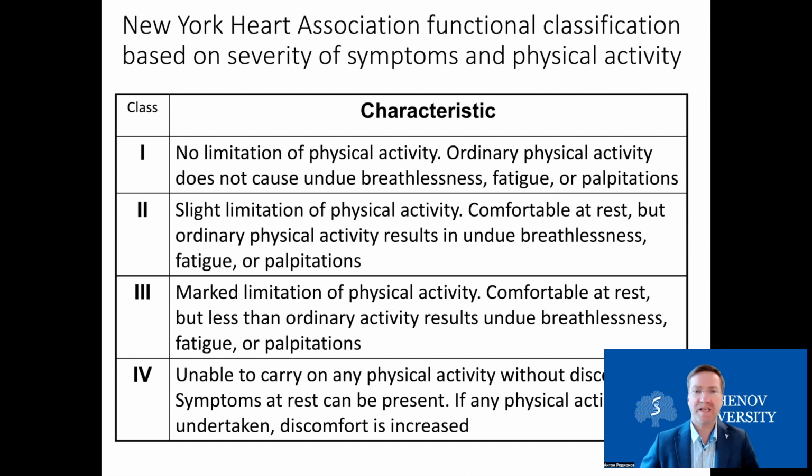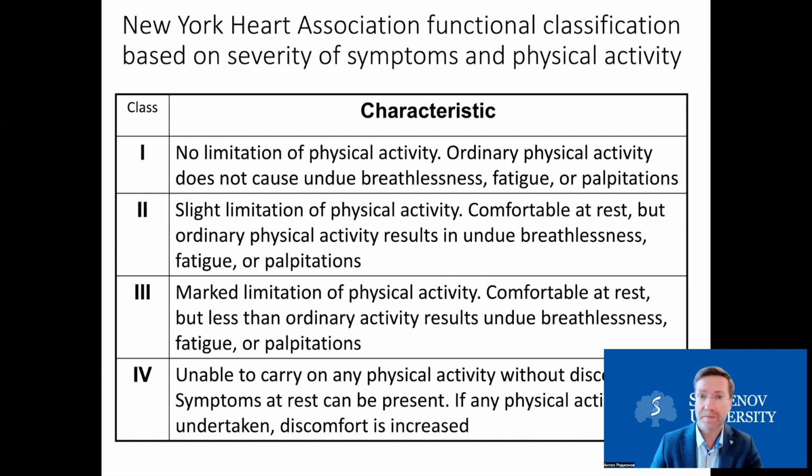Here you can see a worldwide distributed classification of heart failure. It was created at the beginning of the century by the New York Heart Association, so it's called the New York Heart Association functional classification. It is very simple, because to establish the functional class you do not need special technologies. You just need to talk to the patient and check their physical activity.